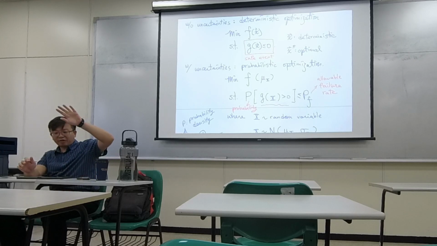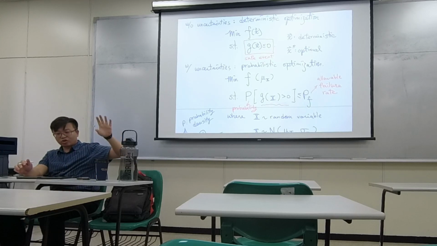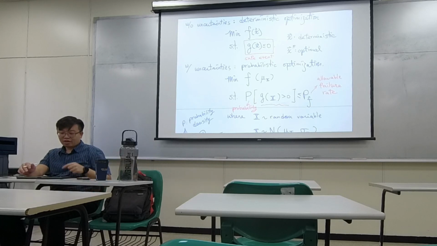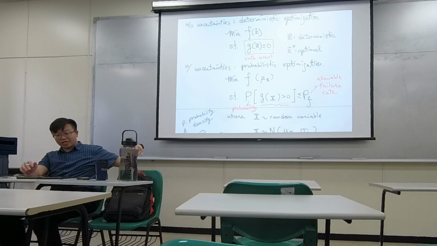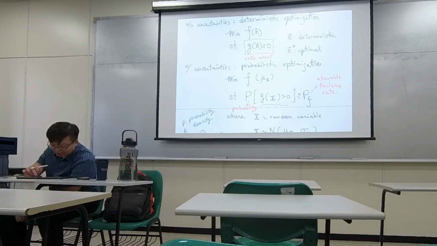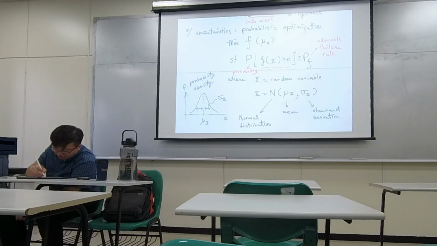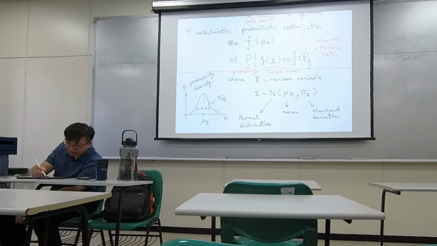When we are having smaller than or equal to 0, it's a good design, safe design, right? But when we are on the opposite side, when the g function value is larger than 0, this is basically the failed event. So this whole thing is failure probability.